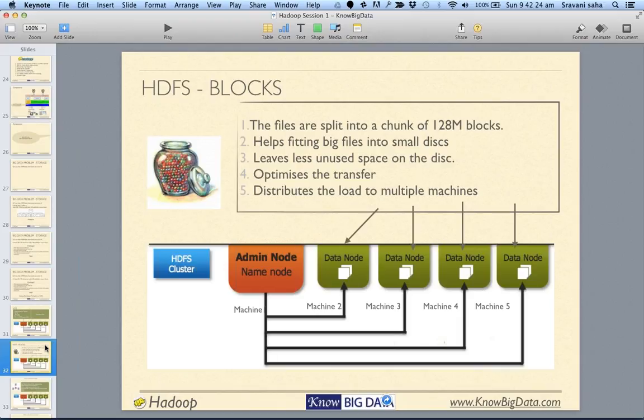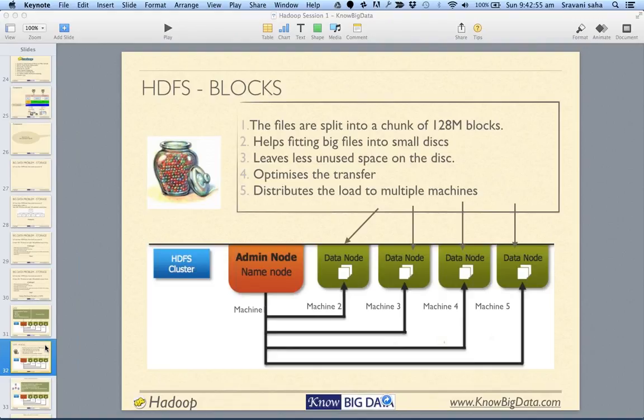That is the whole objective of slicing the file. It helps you fit the big file into small disks, leaves less unused space on the disk, and optimizes the transfer. After a few points, you will realize that data has to be transferred from one node to another for various reasons. And if there are these pieces, it makes it more modular to transfer the data.